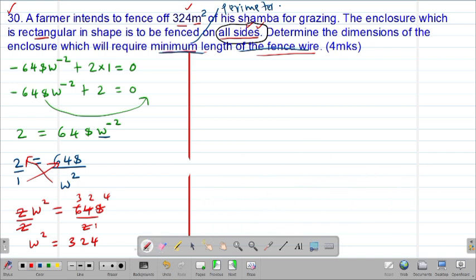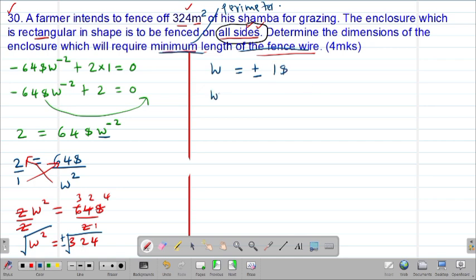Now, after getting our w squared as 324, we can get the actual value of w. So we're going to square root both sides of the equation. But remember, square root is plus or minus. So w will be equal to plus or minus the square root of 324. You feed that on the calculator, and your calculator will give you 18.